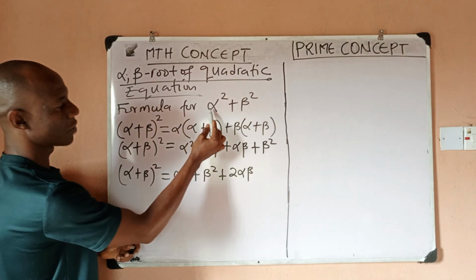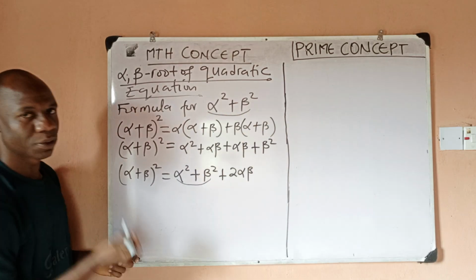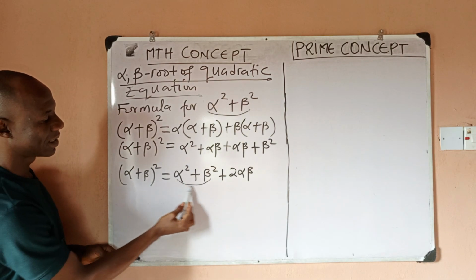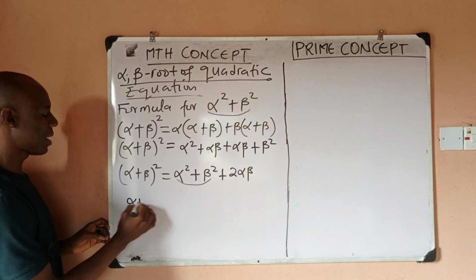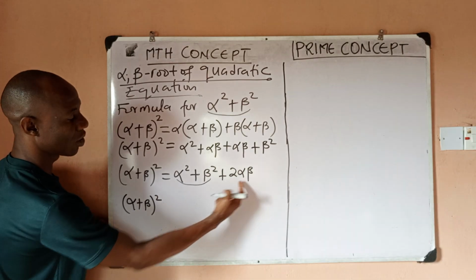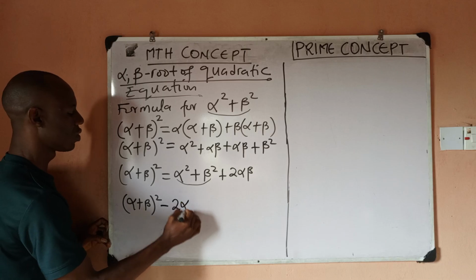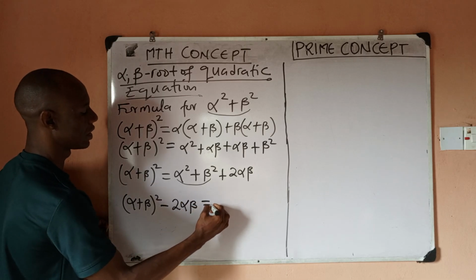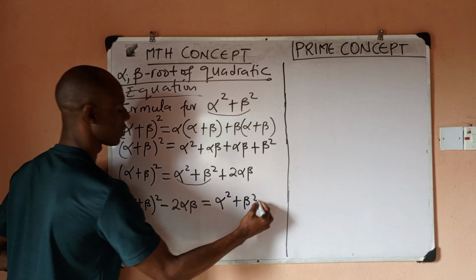Now remember, I want to find alpha squared plus beta squared, which is what I have here. So my aim is, how do I make this the subject? Very simple. So I have alpha plus beta all squared. If this, which is plus, crosses to meet this, it becomes minus 2 alpha beta. And in this place I have alpha squared plus beta squared.